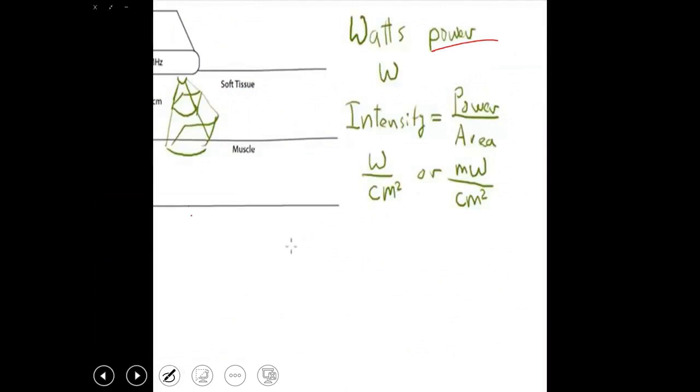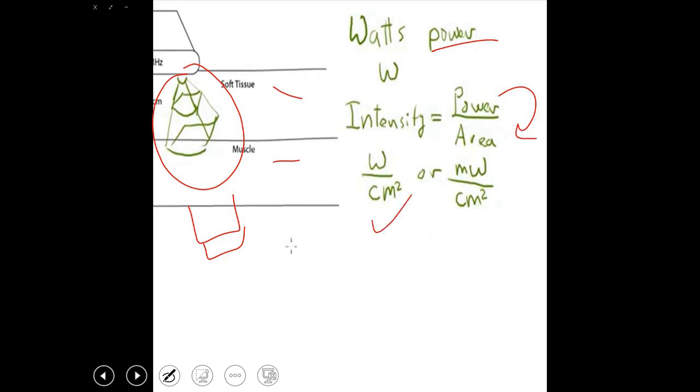The beam comes out like this. Here is the shape of the beam and the parameters I have. Here is the beam's output in a specific area. As you go deeper, the beam experiences divergence and the area increases. So the intensity is the power per specific area, which is watts per square centimeter.